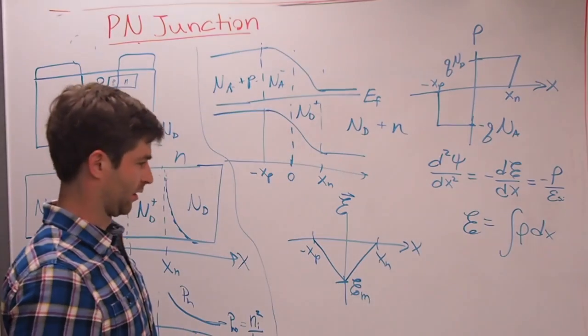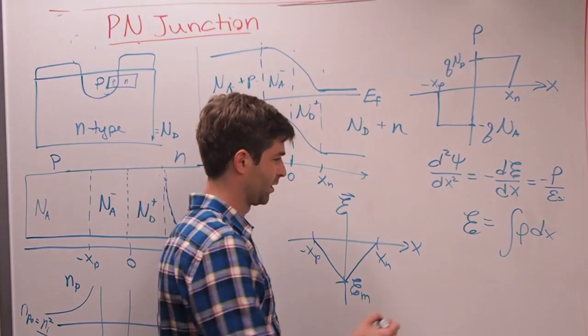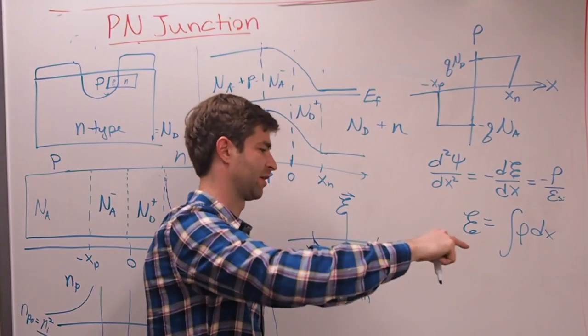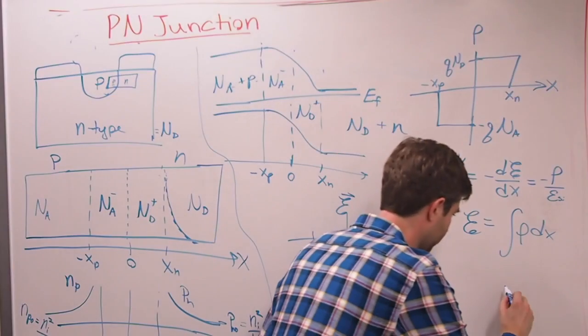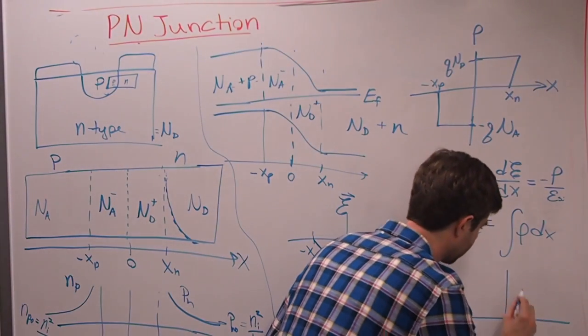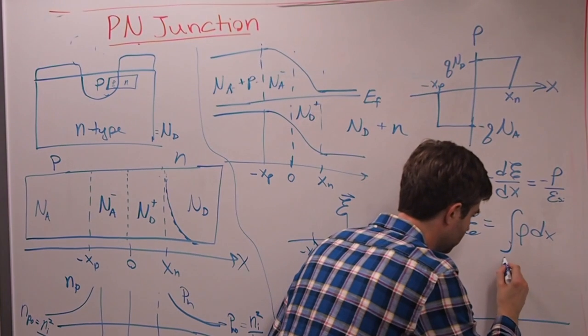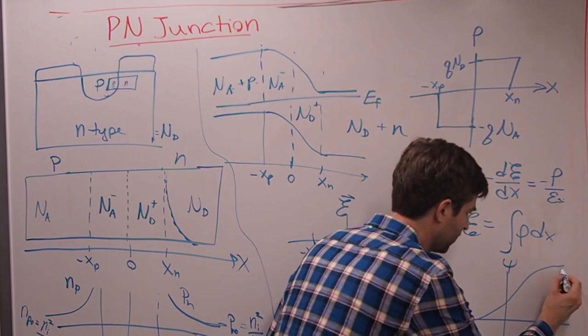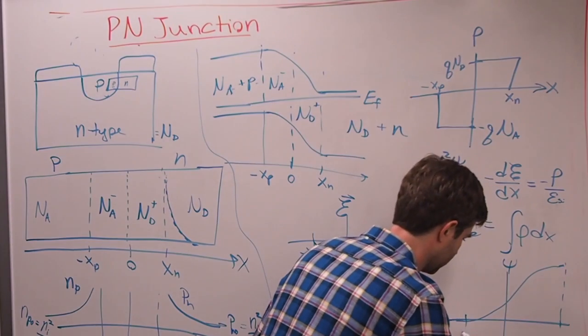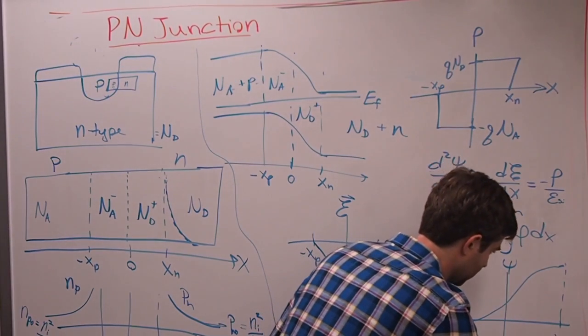Right. And similarly, if we integrate the negative again, we get potential, right? So if I integrate this one more time, I get potential phi, which would just go something like this, and then stop right here at negative xp, xn.